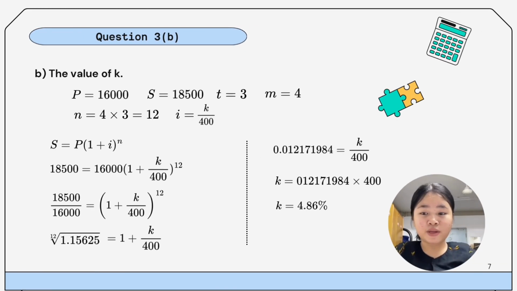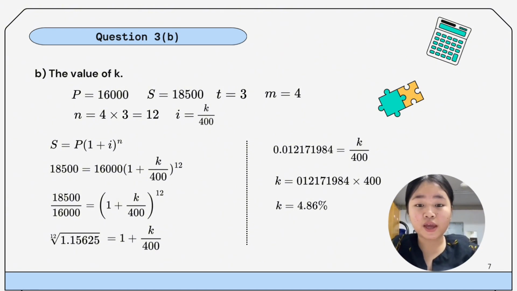Next, question 3b, the value of K. Here, the task is to find the value of K. First step, we put in all the information from the question. The principal amount P is 16,000, S is 18,500, T is 3 years, M is 4, N is 12, and I is K over 400.